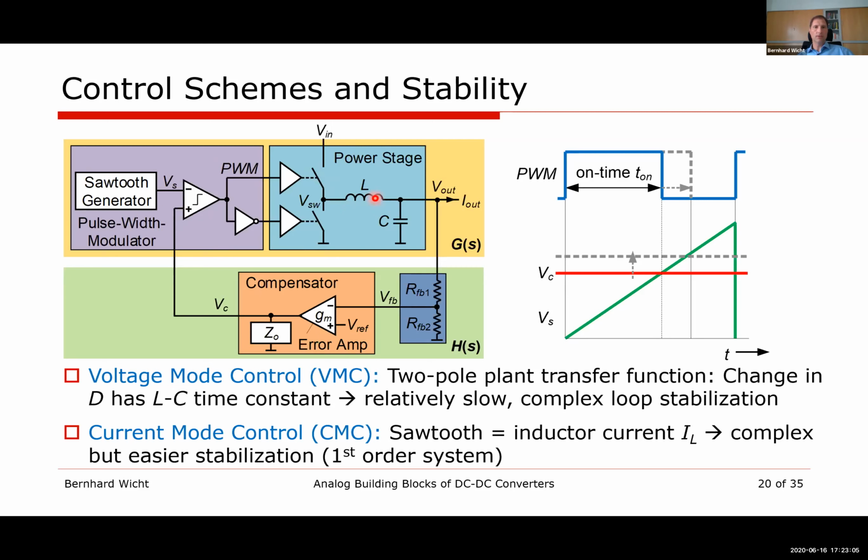And since the L has then disappeared in our block diagram, we simply have the transfer behavior of the voltage loop. And so the control-to-output transfer behavior is a one-pole system. And now we can very simply add a compensator circuit to get enough loop gain.